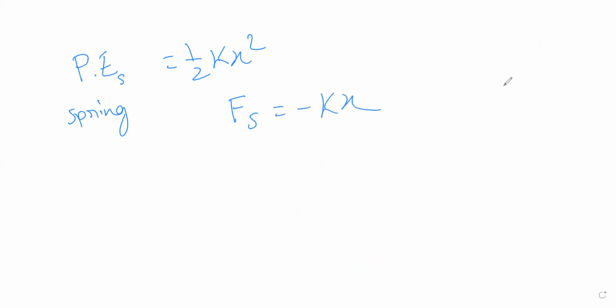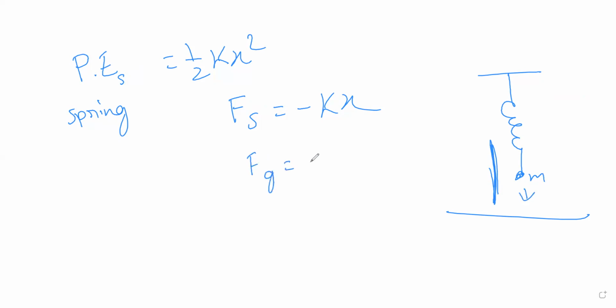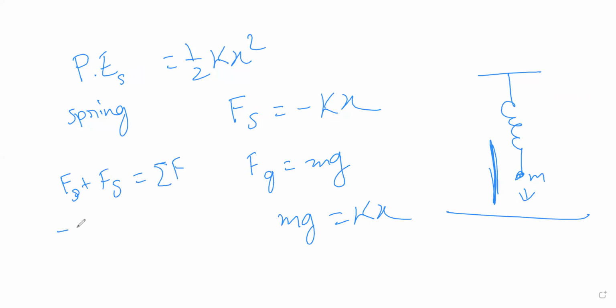Also, if we have a spring suspended from there with some mass m and we release it, what will happen? It will go down and move back and forth. That means the force working downward due to gravity, mg, is balanced. So mg will be kx. Why? Because we know Fs plus Fg equals our net force. Fs equals minus kx and Fg equals mg, right?